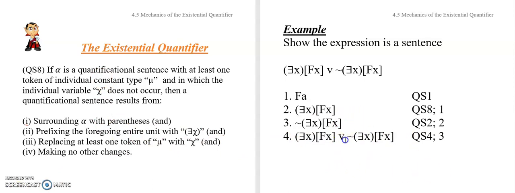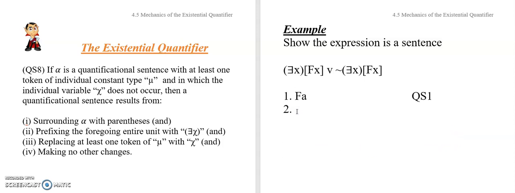To be absolutely clear, what would be a problem is if you had something like, let's just build it up so you can actually see one together. If you had GB, that was QS1, and then you had something like FA and GB, just to make a really simple example. So that would be QS3 on lines 1 and 2.